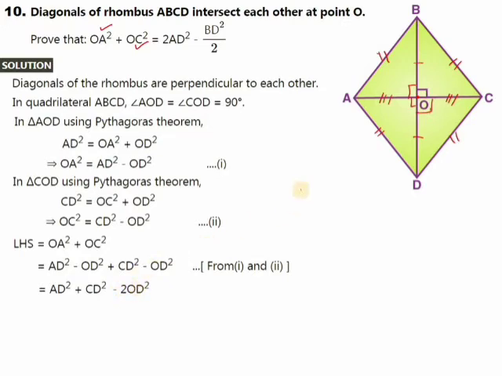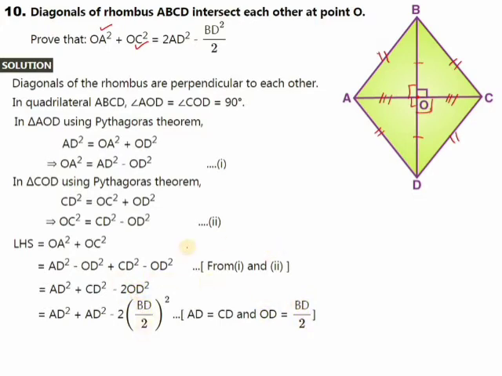Now, as I told you, OD is nothing but half of BD. I'm sorry, so in place of OD, I can write BD by 2. So in place of OD, I have written BD by 2.